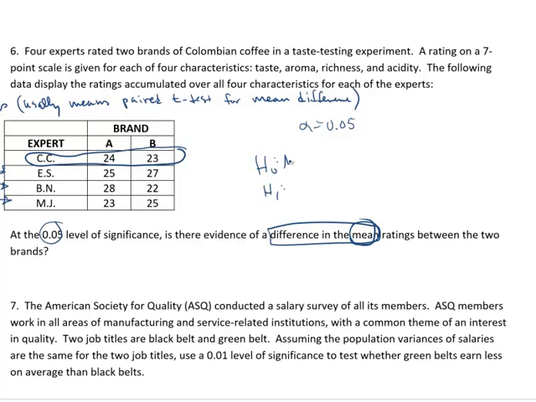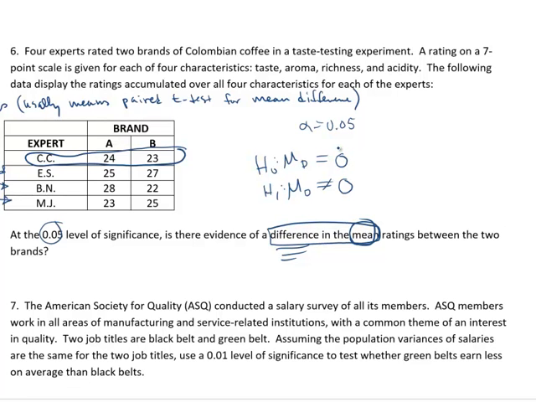We're referring to mean difference, mu sub d, and it's asking, is there evidence of a difference? And so again, it's equals and not equals. If there is a difference, the difference would be not equal to 0. If there isn't a difference, the mean difference will be 0.